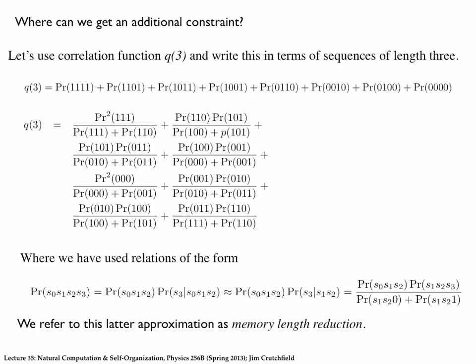When I go from this step to this step, I forget that there's a history of 3 here, and I approximate it by a history of 2. It's at this point that I'm essentially invoking a Markov approximation. I'm forgetting that I could have a longer memory. And when I do that, I now get the probability of sequences of length 3. It's a straightforward, if tedious, exercise, and I now have another equation that we can solve.